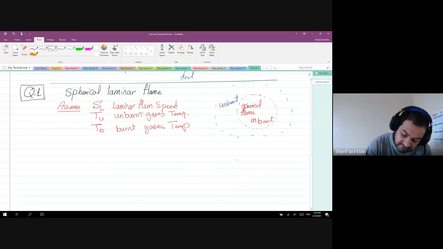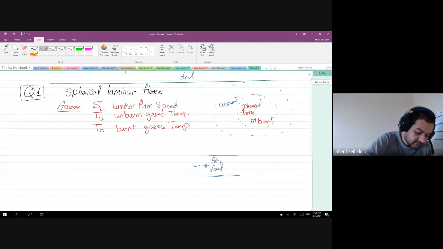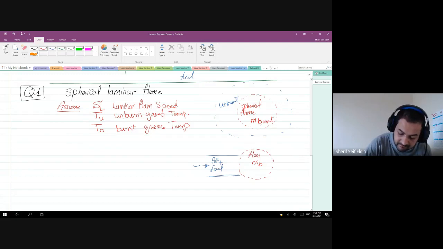A side view is like you're going to have a pipe, and this pipe has a premixed mixture of air and fuel, and it generates a spherical flame, right? So this is the flame, and the unburned gases are here.